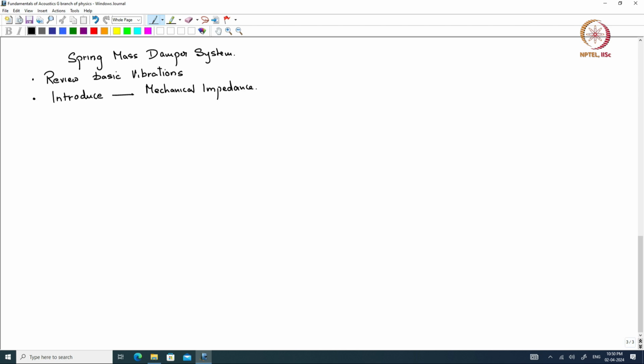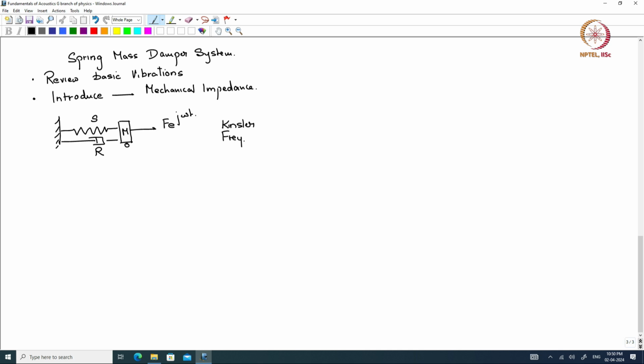Okay. So here we have a spring mass damper system. In keeping with the notation of the book by Kinsler and Frey, I will use S for a spring, R for the damper, and M for the mass.